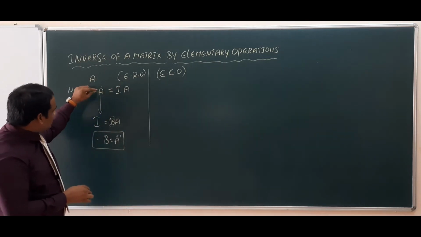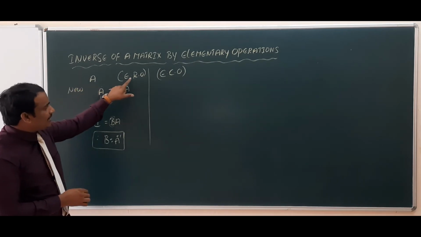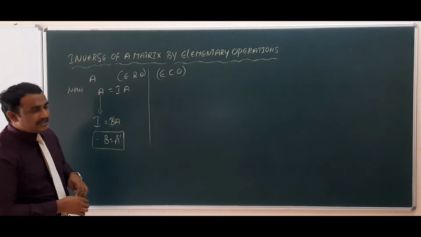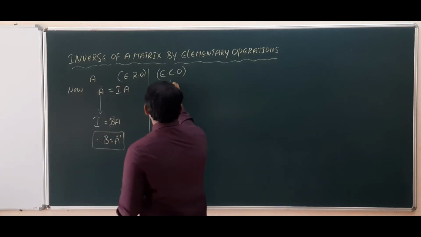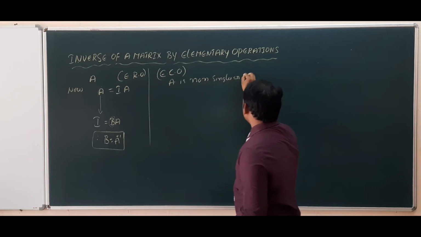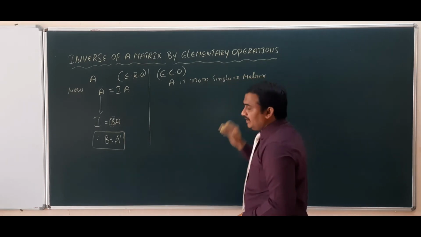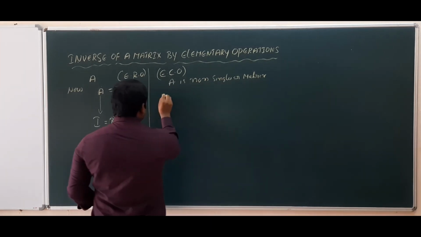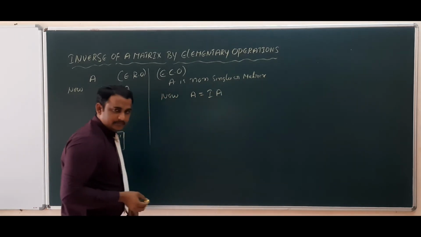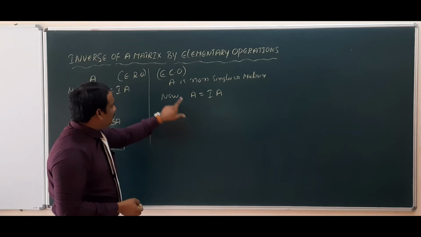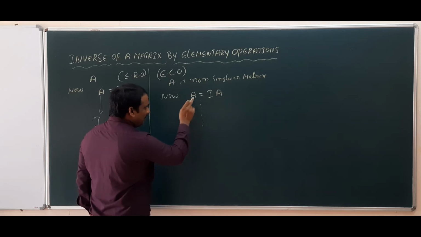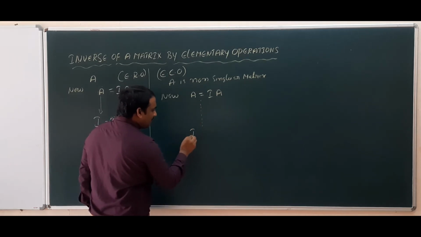From the start of the problem to the end, you have to apply only elementary row operations. In between, you should not use column operations. Understand? Same thing with elementary column operation also. A is a non-singular matrix. Now you take the condition A equal to IA and use elementary column operations, until the left side A becomes the identity matrix.